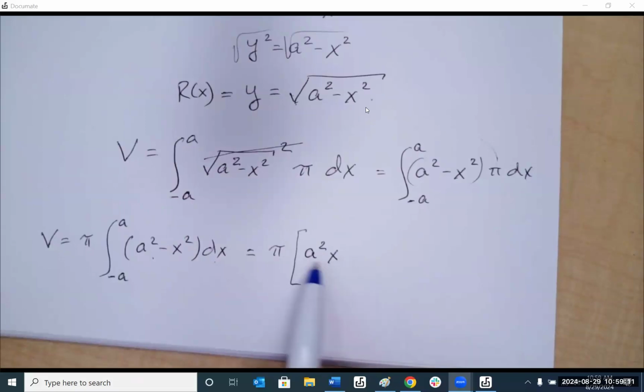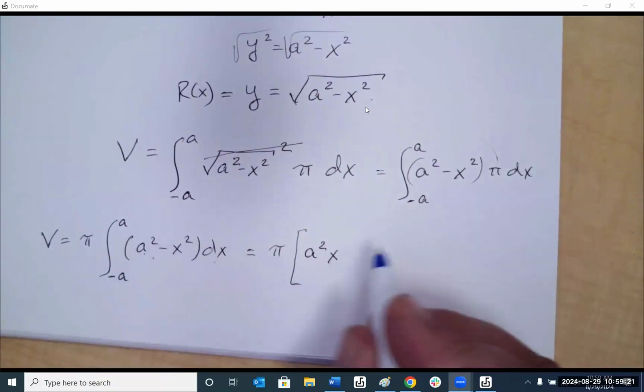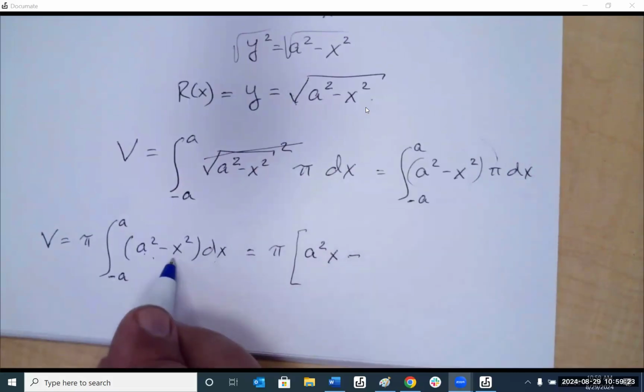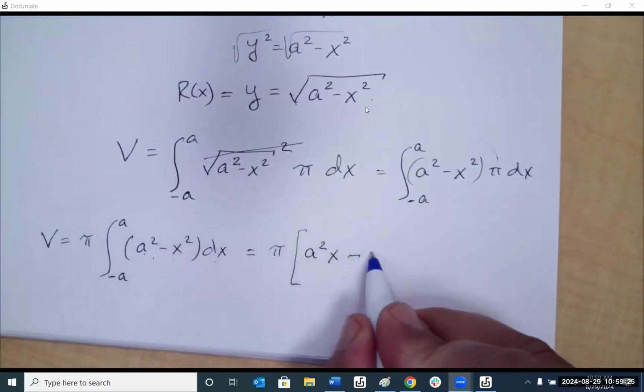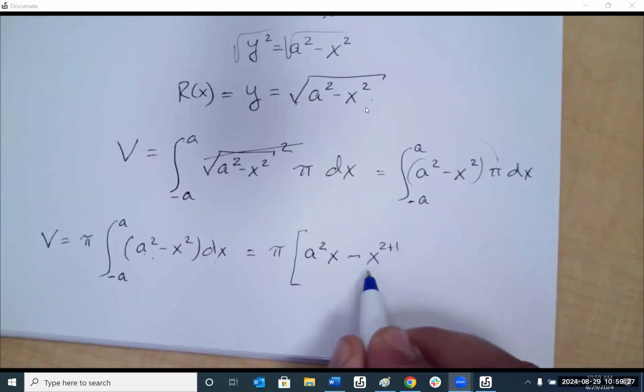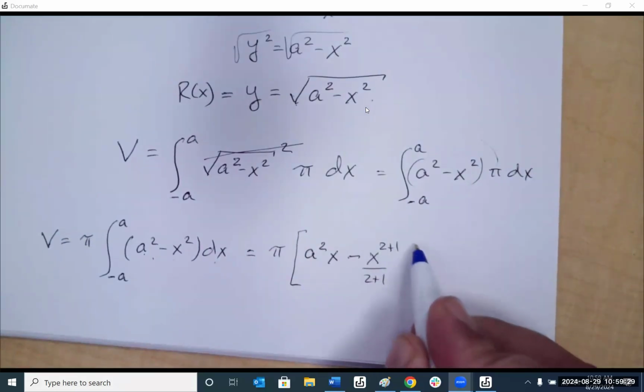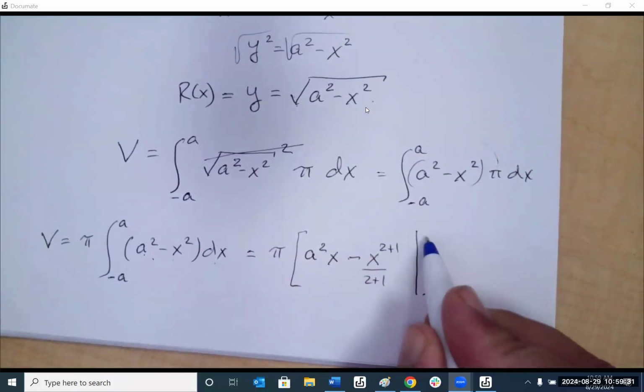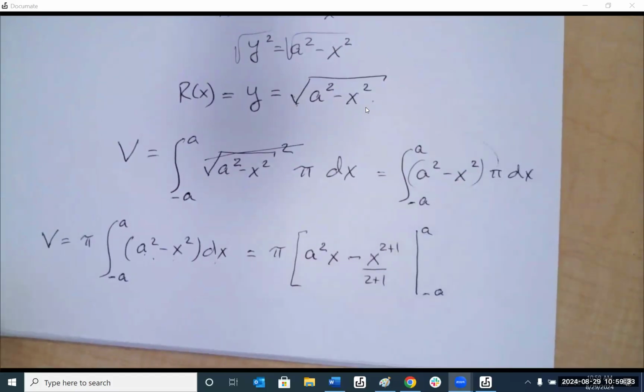If we took a derivative with respect to x, we end up with a squared. So this is a constant, so we just get x. Now this one, x squared, is going to be add one, from negative a to a.